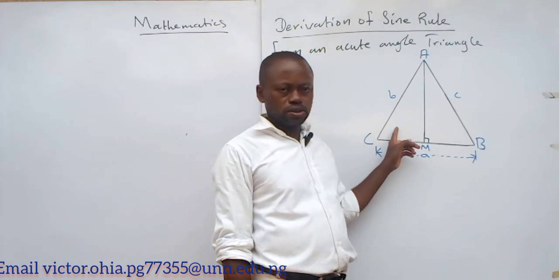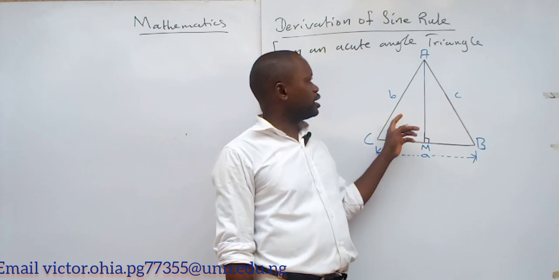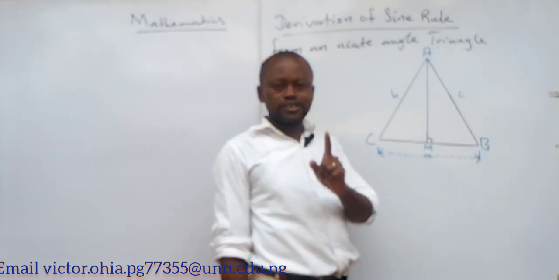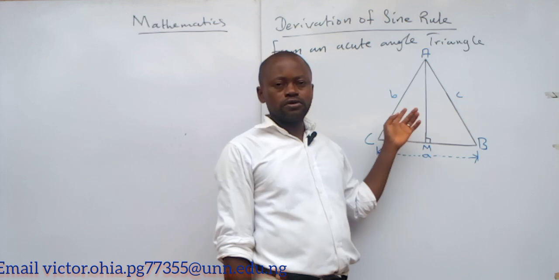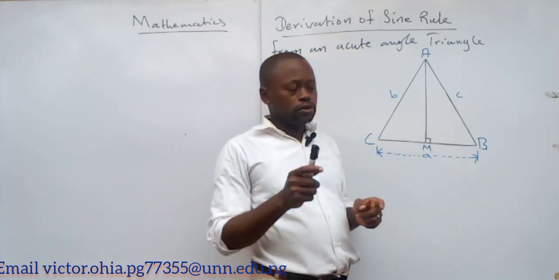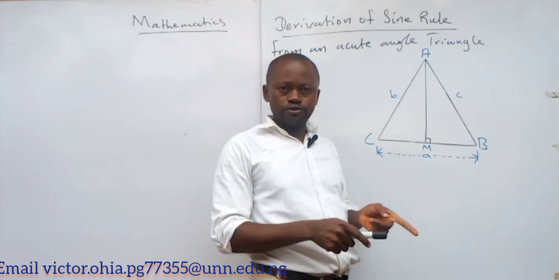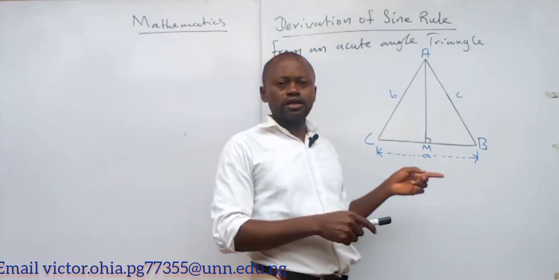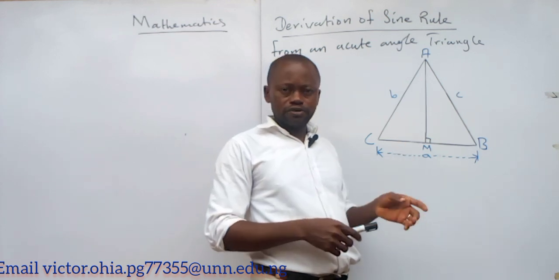I want us to see how we can derive the sine rule from this acute triangle. After this, the next will be the derivation of the cosine rule from an acute triangle. Derivation of sine rule and derivation of cosine rule.